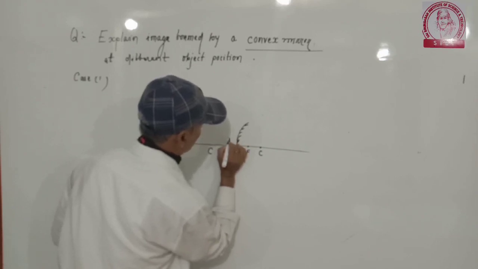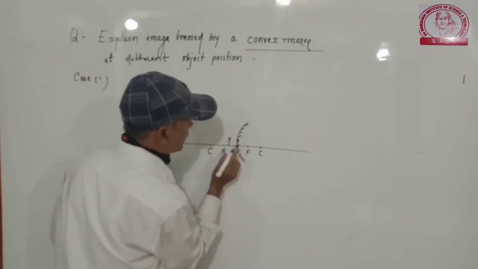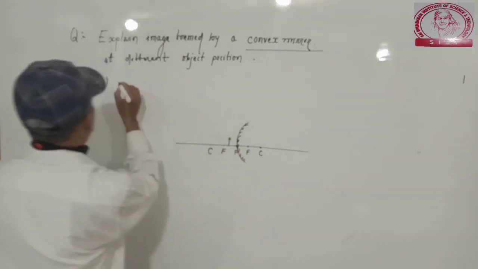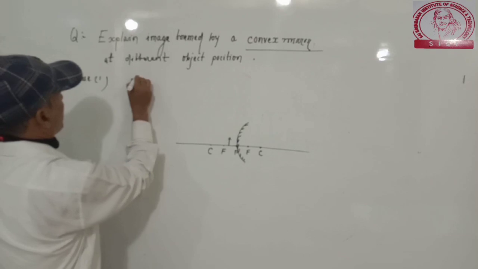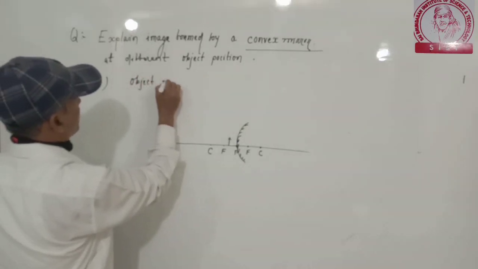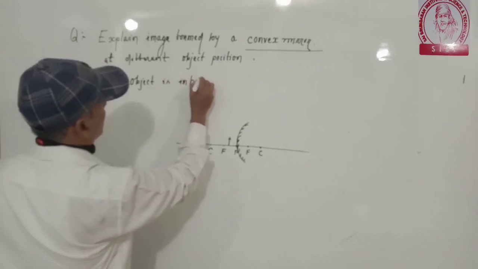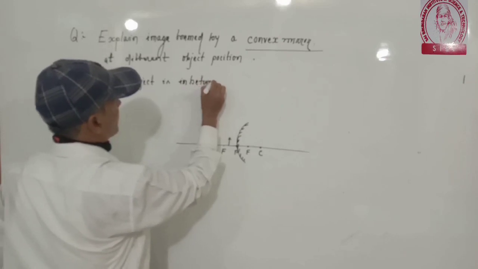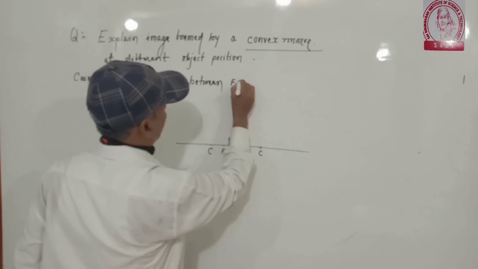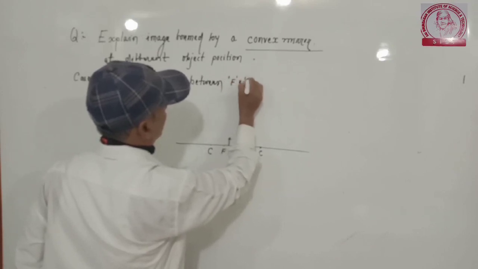The object is here, in between focus and pole. The object is in between F and P.